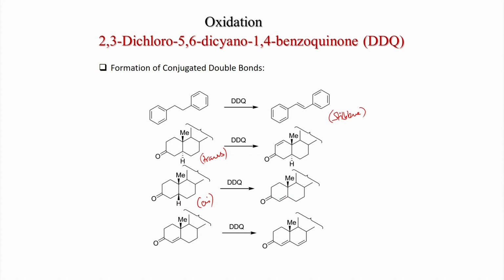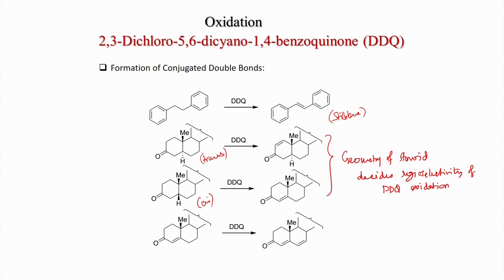So, the geometry of the steroid decides the regioselectivity of unsaturation, or regioselectivity of DDQ oxidation. So, it is the geometry of the steroid. If it is trans, then this side, and cis this side.